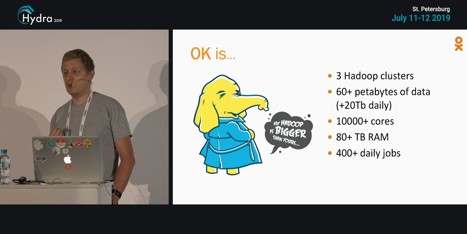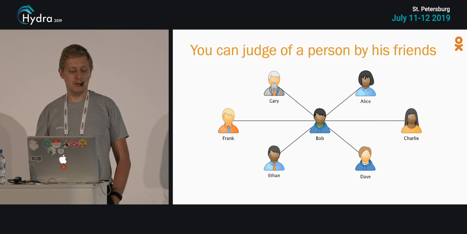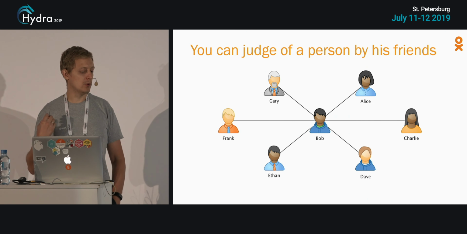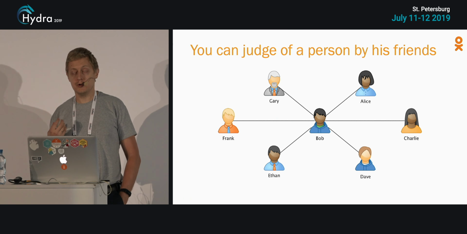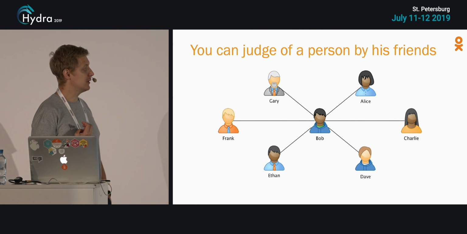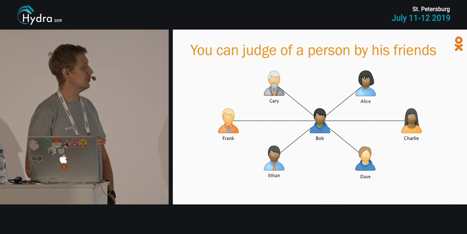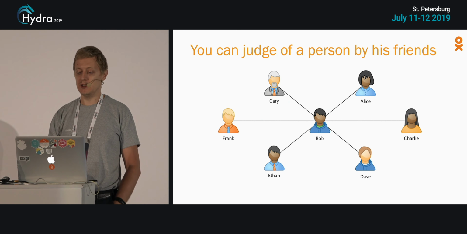And actually, the social graph is a very important piece of information. You can answer many different questions by looking at a person's social graph. For example, if we have a piece of a social graph for a certain user, we can ask how old he is.